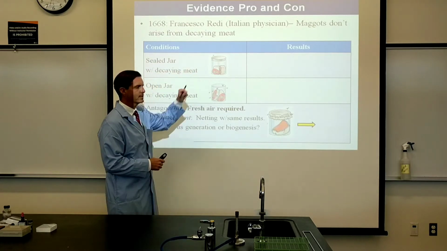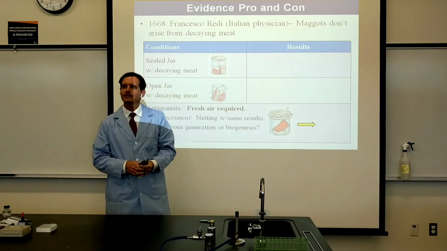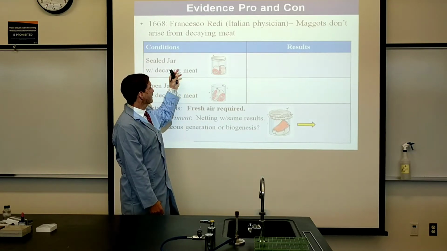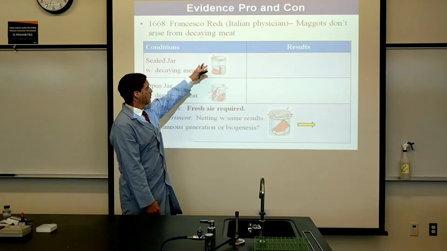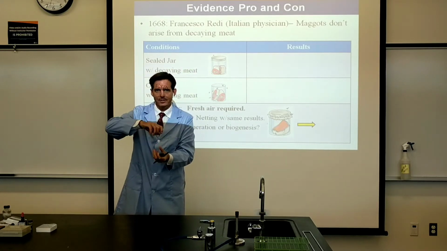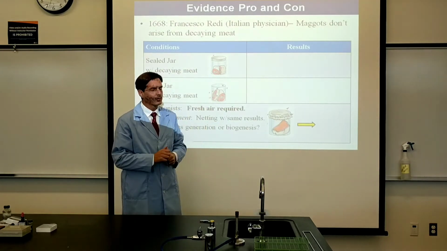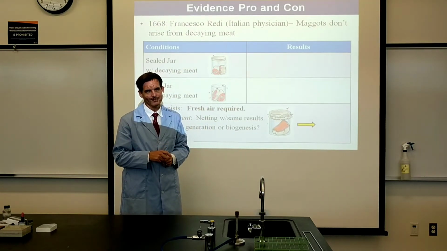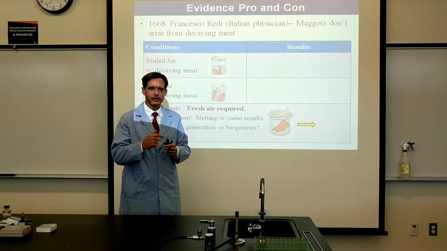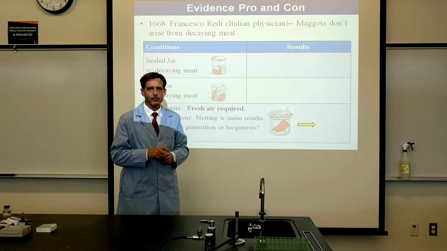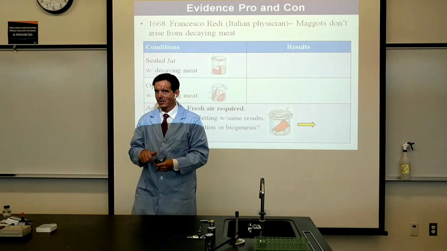And here's how it worked. He basically just took some raw meat, stuck it in a jar, and the meat was sealed in the jar so as to prevent flies from coming in. So what would you predict would happen here? Right? Common sense today, you know that fly larvae called maggots would be prevented from growing on meat that's sealed in a jar.